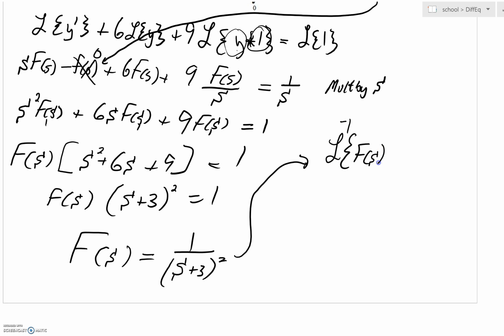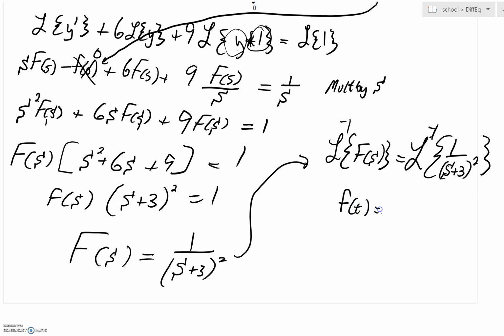And we'll take our inverse transform of capital F of s. We'll take our inverse transform of 1 all over s plus 3 quantity squared. And hopefully you're noticing that, over here we'll have our f of t.